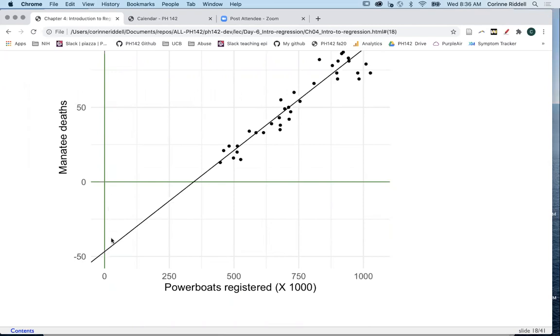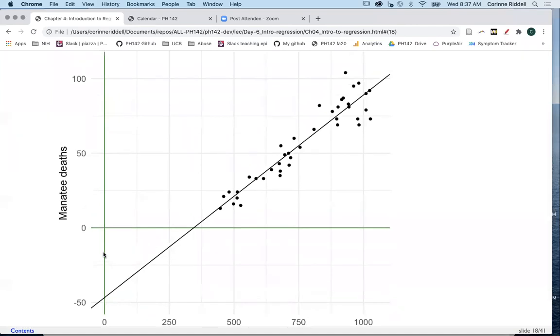So it's extrapolating this line of best fit way outside of the range of the data, to say that when the number of powerboats registered is 0, manatee deaths are negative. The reason that failed is because this is extrapolation.